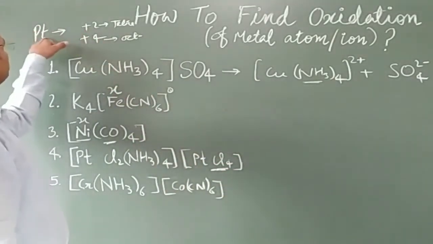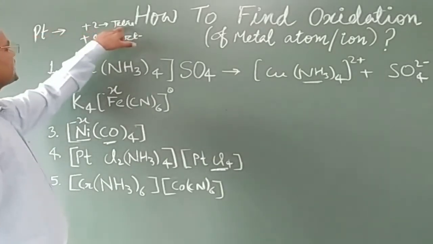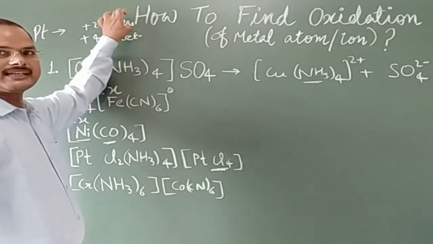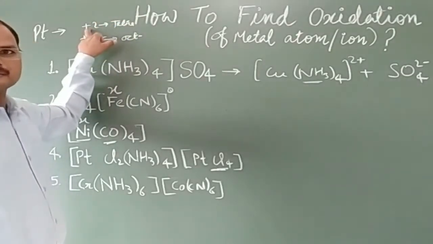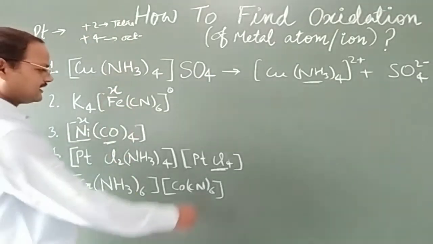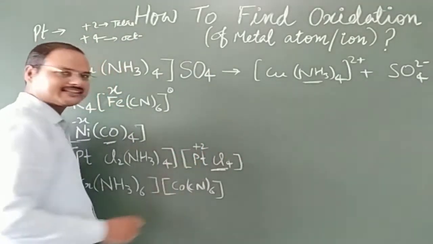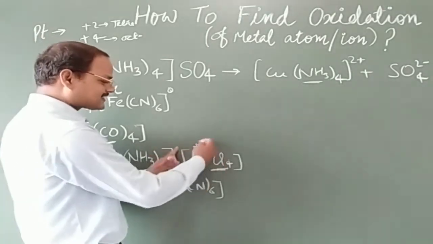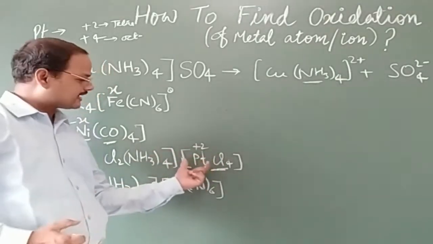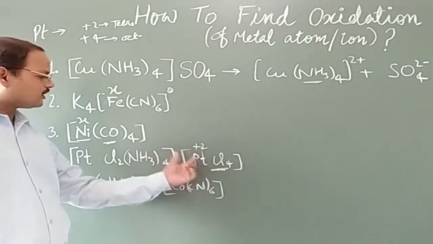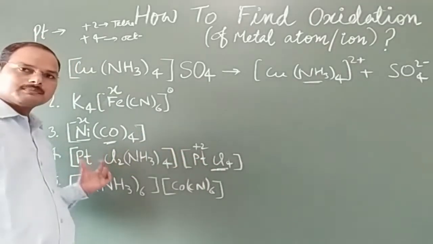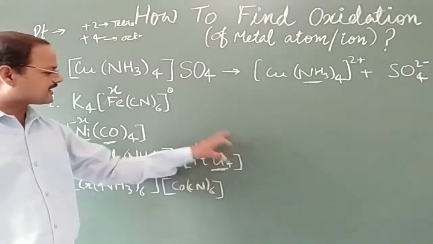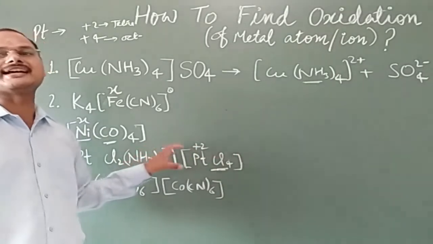As I have explained, for platinum, if the structure is tetrahedral or the coordination number is 4, in that case platinum will be in the plus 2 oxidation state. It means it is in the plus 2 oxidation state. And now with the help of this trick we can find the oxidation state of both platinum atoms or ions in the compound, as well as the charge on both the cationic and anionic complex.